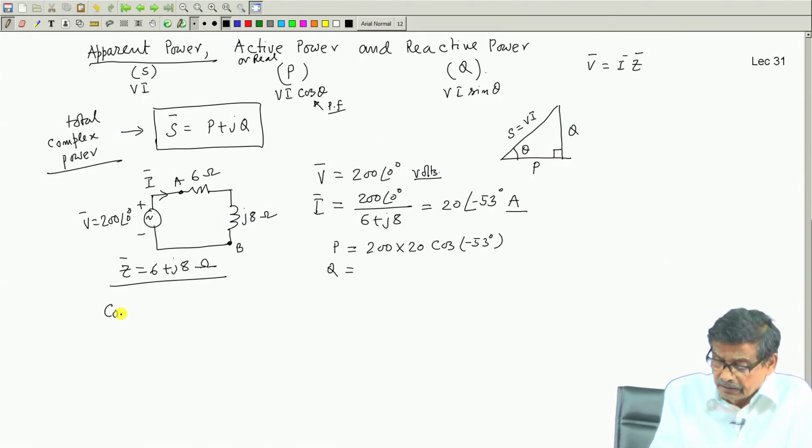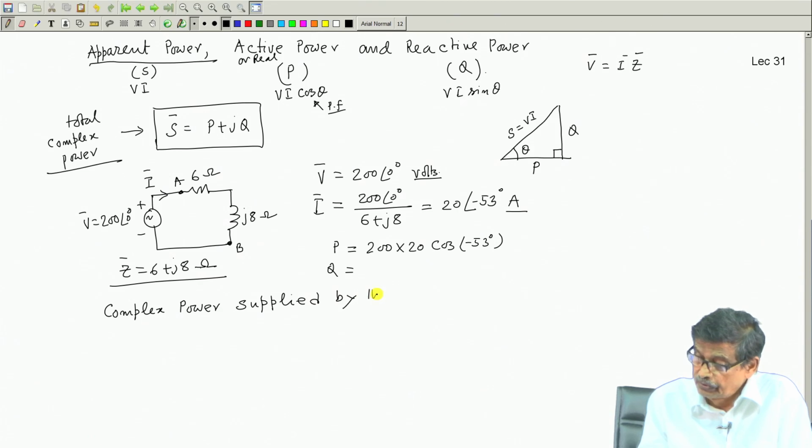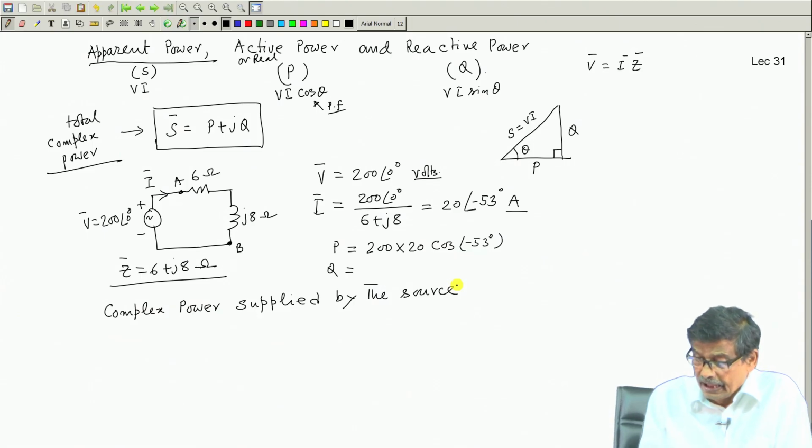So I will write the complex power supplied by the source. Now, before you calculate this, show the polarity of the voltage and show the direction of the current.